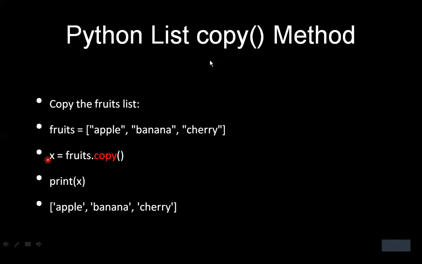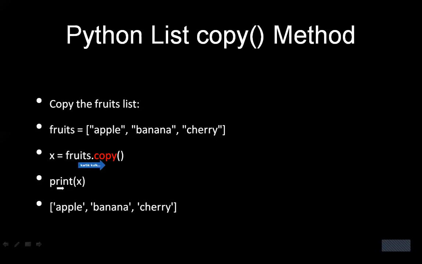So in this particular example, you can clearly notice that I have taken the fruits, the same example: apple, banana, and cherry. Then I have taken fruits dot copy. Why fruits dot copy? Because the syntax is the list name dot copy.